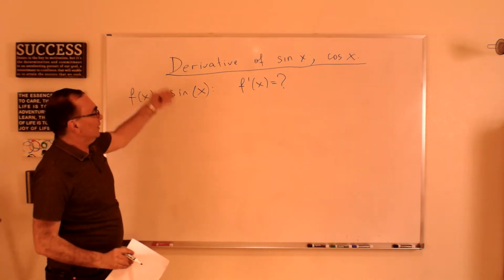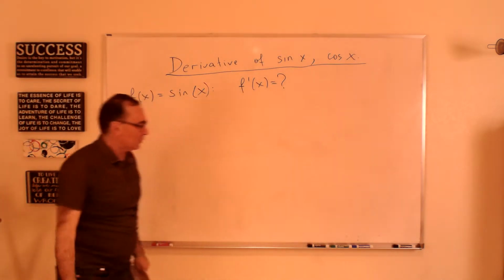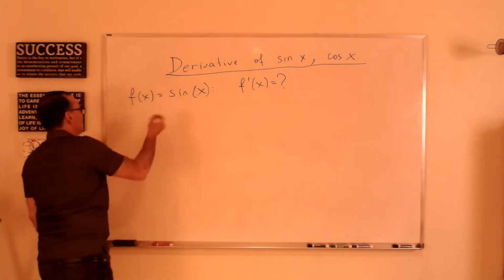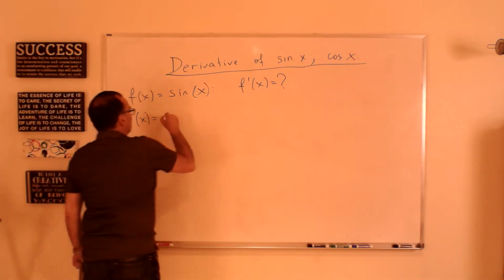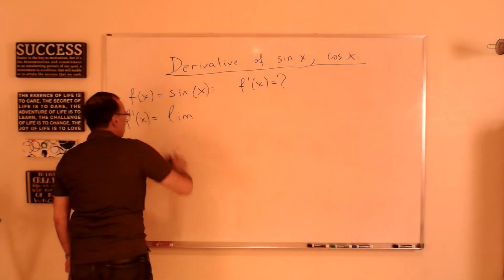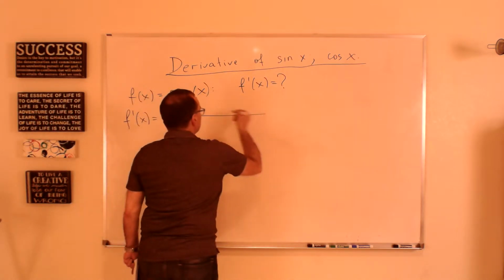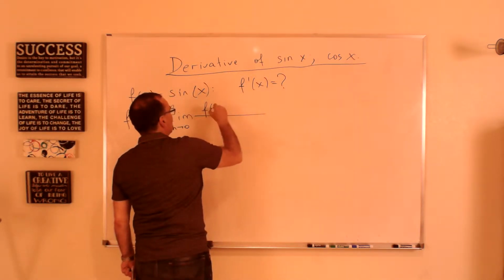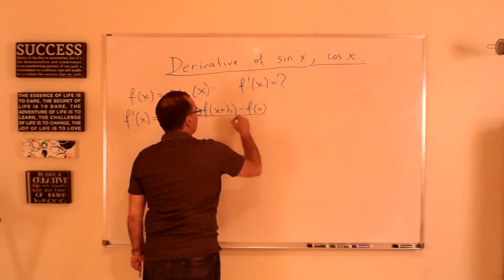So once again, if we don't know the answer, then the most straightforward, the most natural way, is to use the limit formula for the derivative, namely the derivative equals limit as h approaches 0 of the difference quotient f of x plus h minus f of x over h.